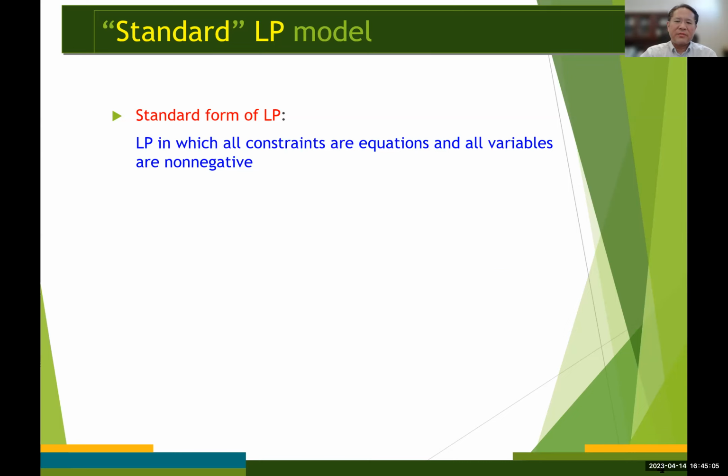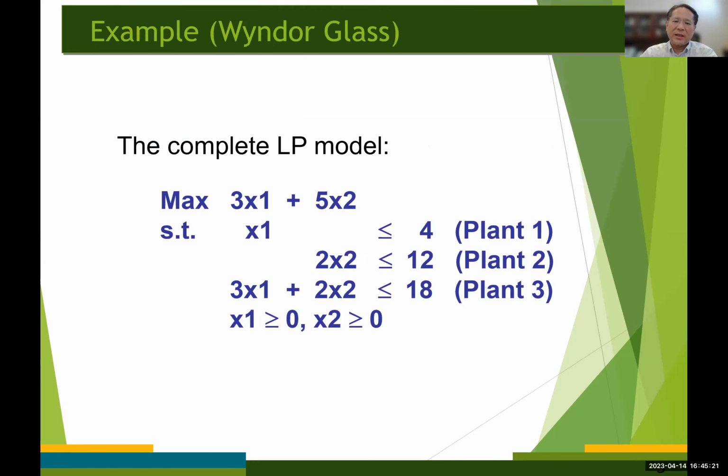An LP in this form is said to be in the standard form. Okay, so of course, to convert an LP into the standard form, each inequality constraint must be replaced by an equality constraint, right? So how could we convert an inequality constraint to an equality constraint?